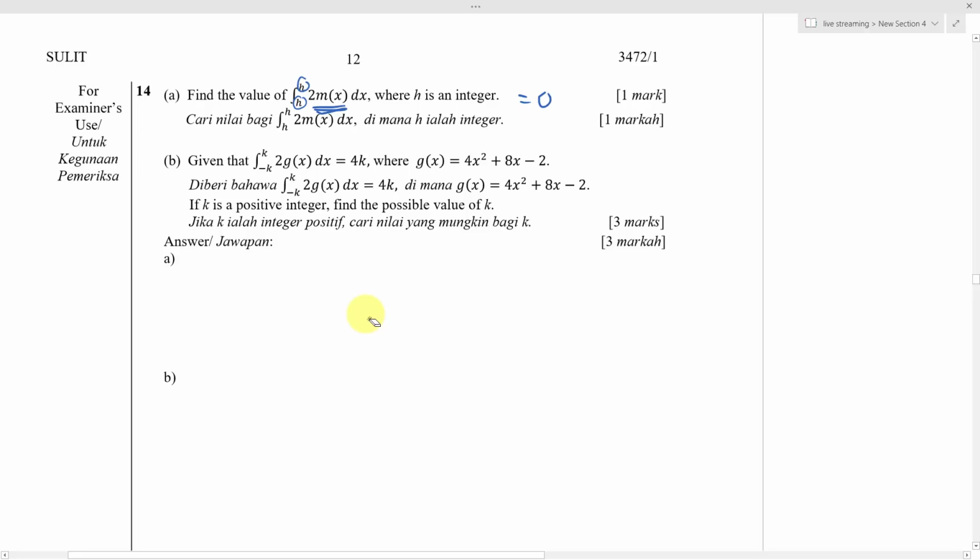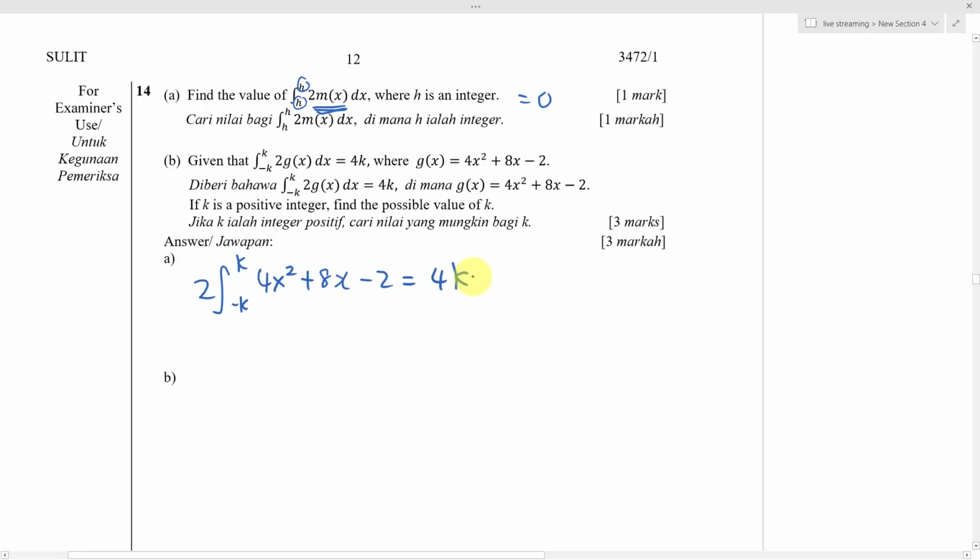Alright, then for the b here, b you kind of need to solve it. If k is a positive integer, find the positive value of k. Alright, so let's do this one. I'll take the 2 come out first, okay? My g(x) is 4x squared plus ax minus 2, equals to 4k.